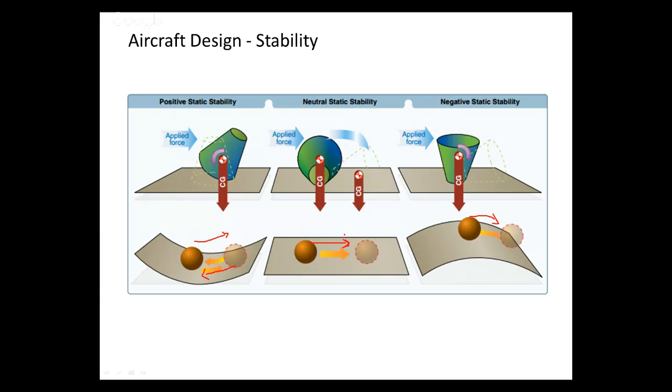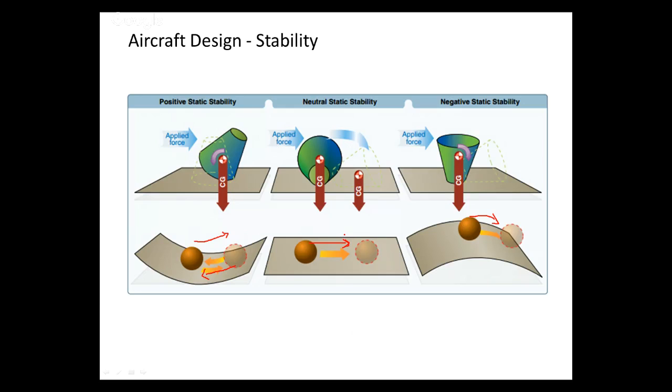I can't think of one, and it really is a good design feature for an aircraft to exhibit either neutral or positive stability behavior. So does that overall fundamentally make sense? Yes. Mm-hmm.